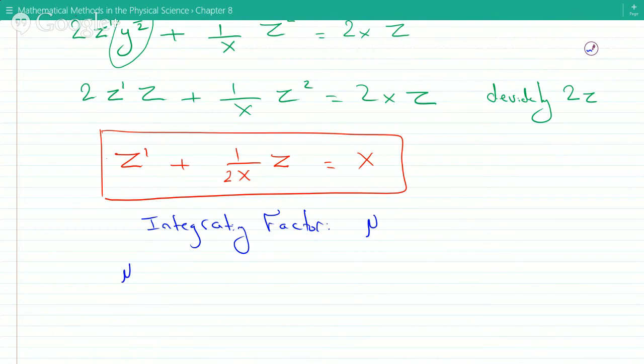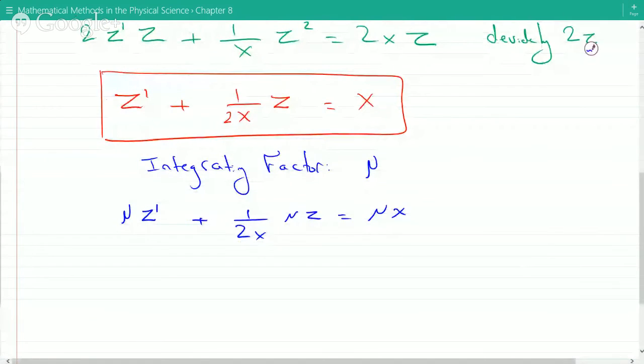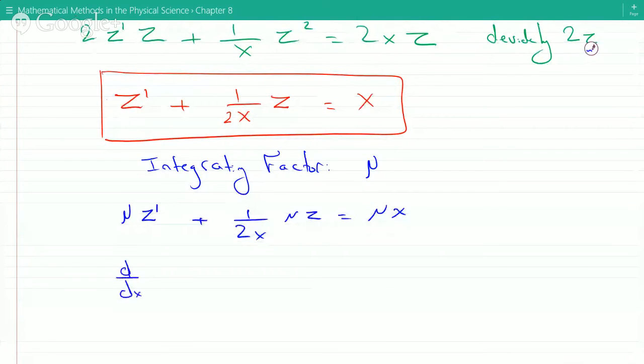So now we have mu z prime plus 1 over 2x mu z equals mu x. And now we can work out the product rule from here backwards. So this is d over dx, and this has to be a function of x, of mu z to equal mu x.